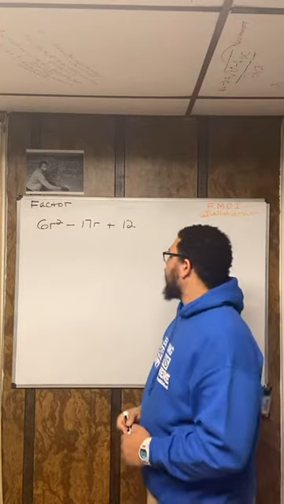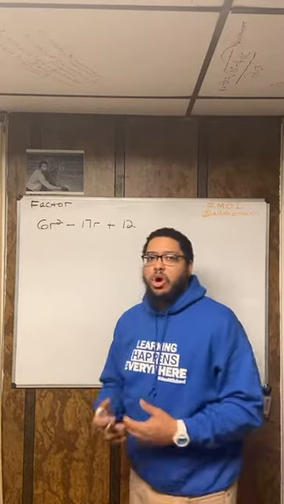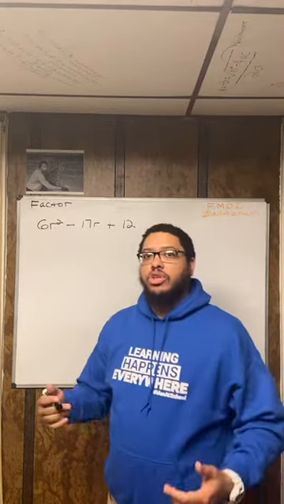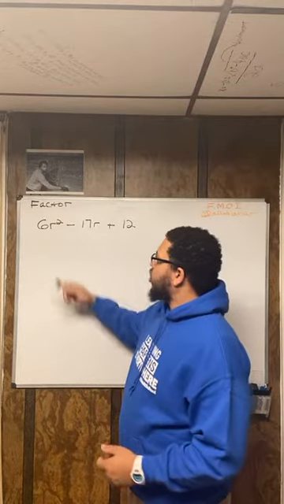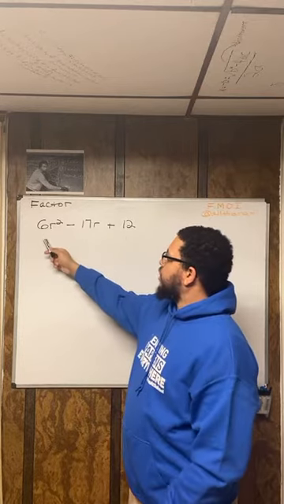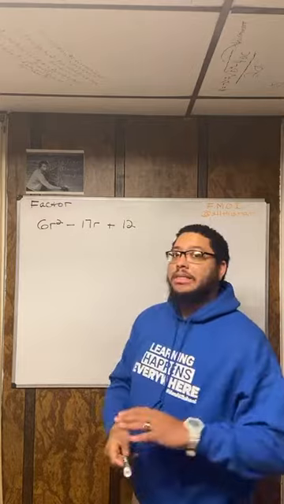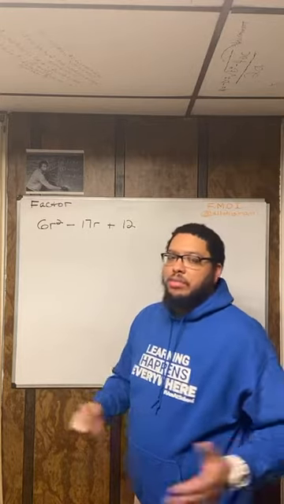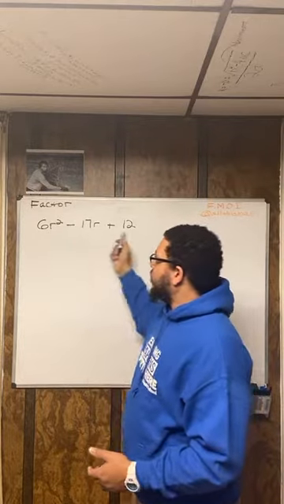All right? Now, the first thing you want to do with factoring is always check to see if there's a greatest common factor. Greatest common factor meaning, is there a coefficient that divides evenly into all 3 of these coefficients, 6, negative 17, and positive 12, besides the number 1? The number 1 doesn't count because if we factor out a 1, that doesn't change any of these terms.